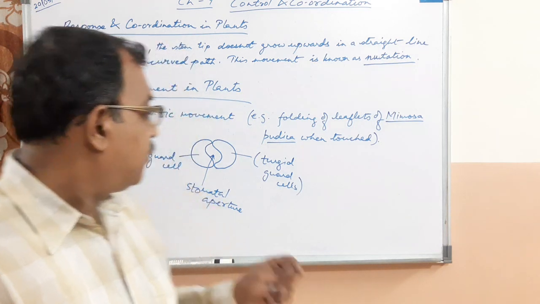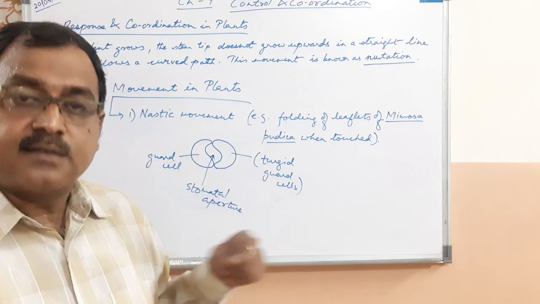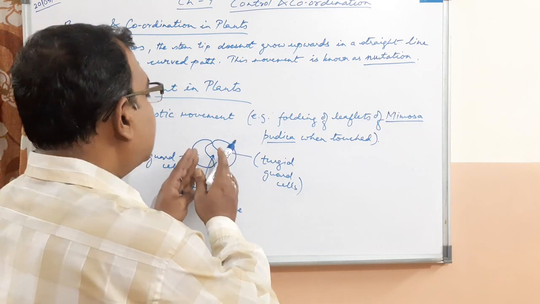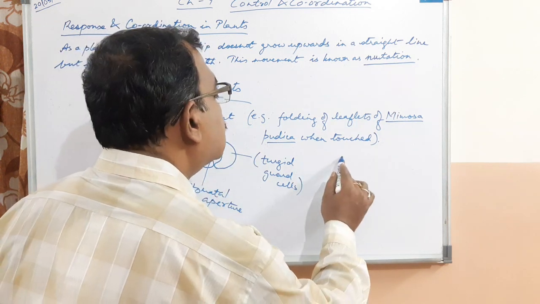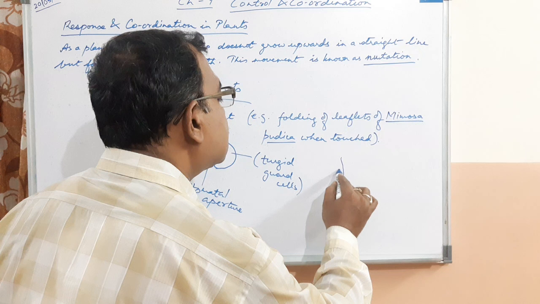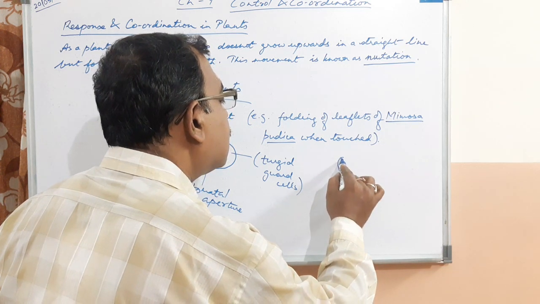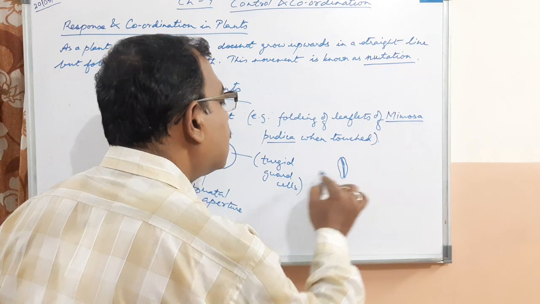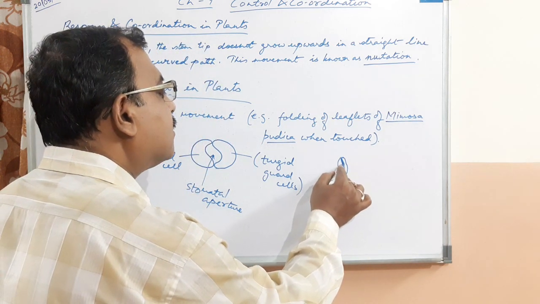Clear, children? And in the absence of light, that is in darkness, these guard cells lose water and they flatten. So here you can see that the stomatal aperture has been closed.